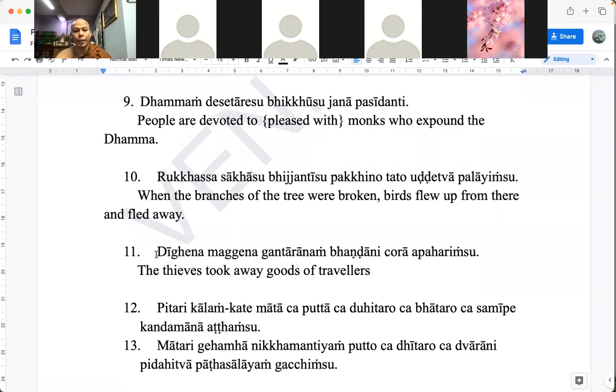So Digina Megina, so Gandharanam. So Digina Megina, so traveler, or maybe that. So this one is now traveler also, okay, but because Digina Megina is related to that Gandharan as an adverb, that is why of those who travel.